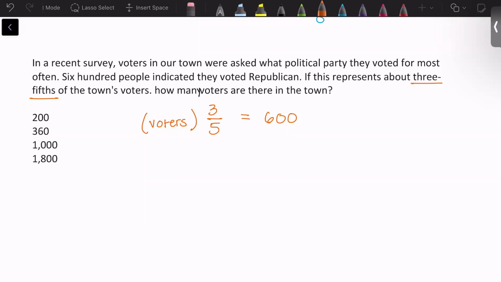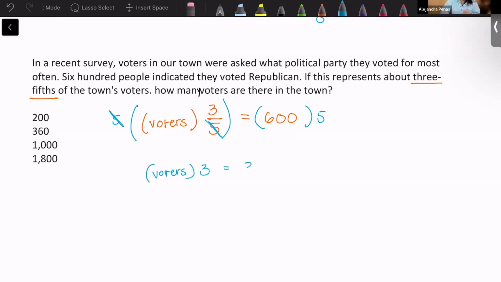Okay. So I'm going to solve for the variable, solve for voters. In this 3/5, the 3 is multiplying, but the 5 is dividing. So we're going to start by multiplying everything by 5. Here, this 5 and this 5 would go away, so we would have the voters multiplied by 3 equal to 3,000.